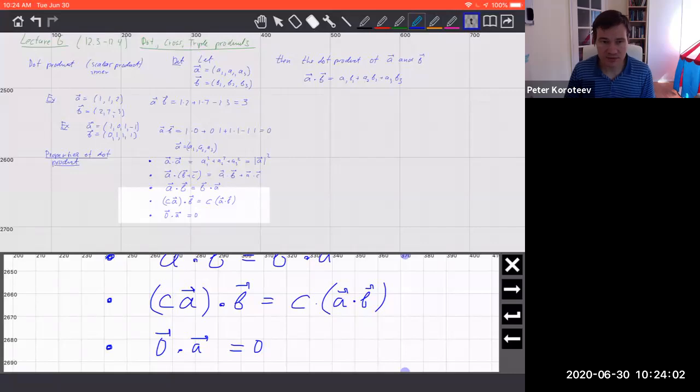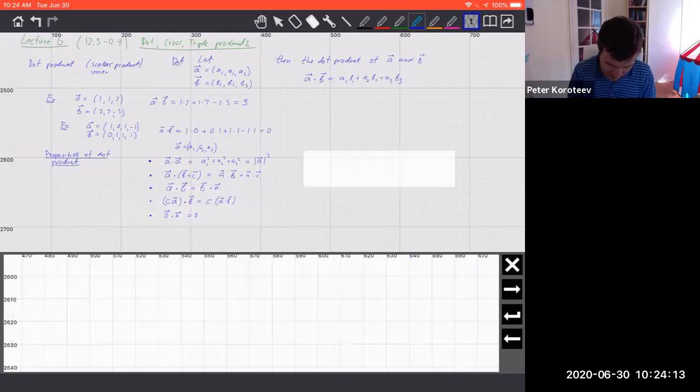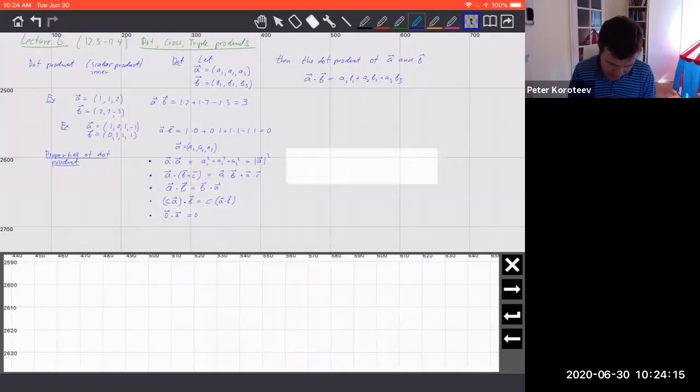Now, let's talk about geometric interpretation. Are these related to matrices? Yes. As I assume most of you took linear algebra, you can represent vector A as a matrix like this, A1, A2, A3.